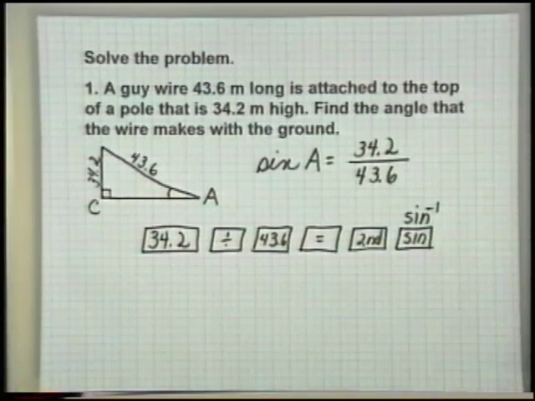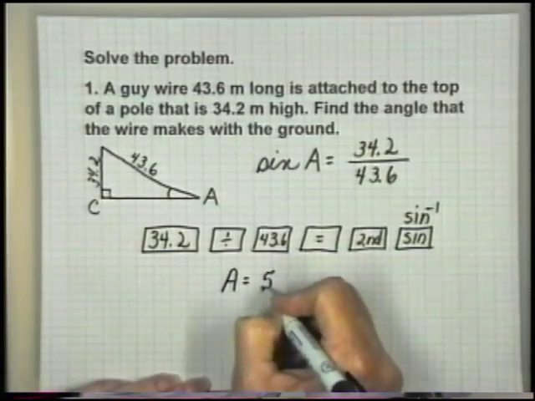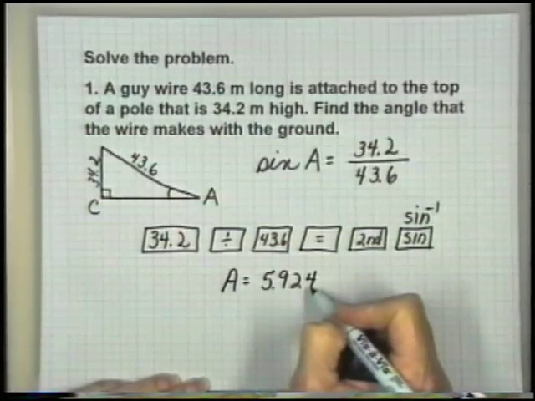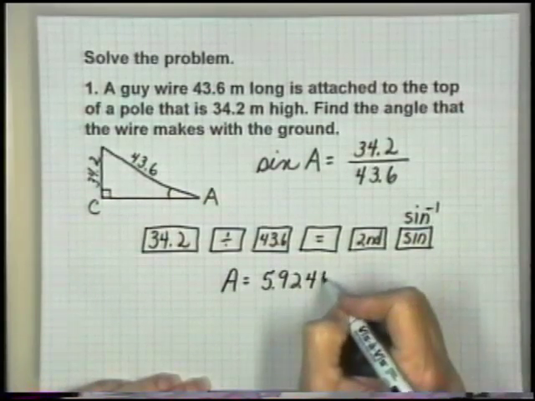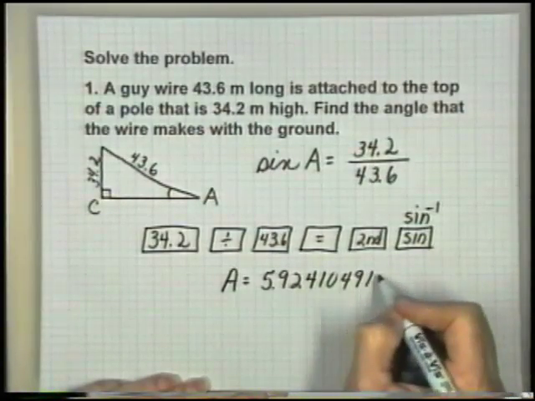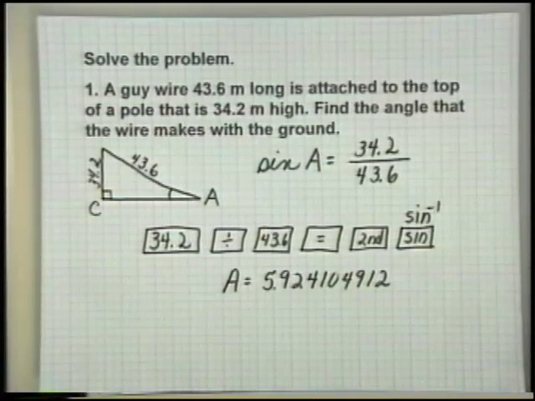And what we get when we do that is this number, and of course it keeps on going, and your number may be a little different depending on how your calculator is set to round.